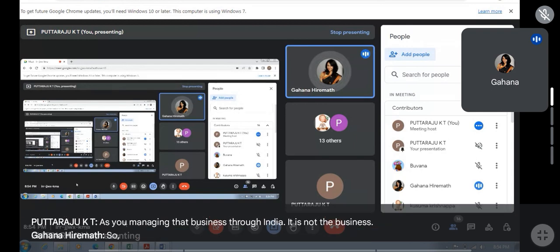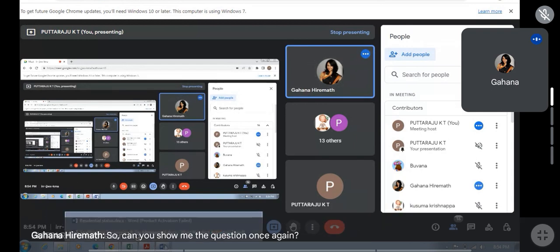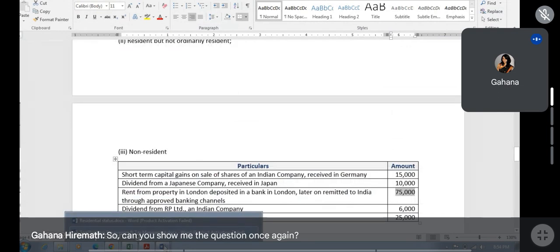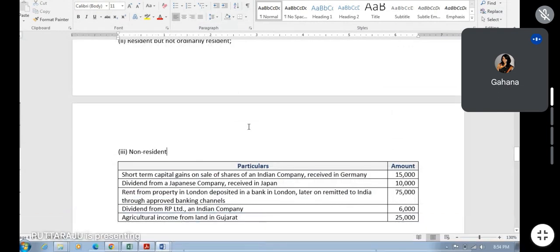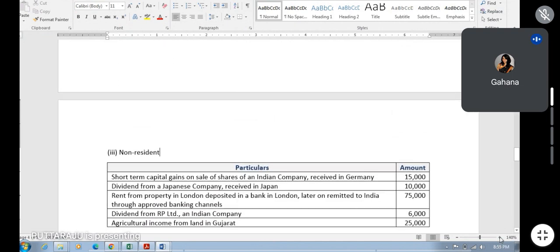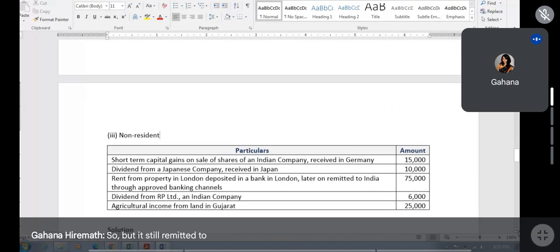Can you show me the question once again? But it's still remitted to India, so it's income received.